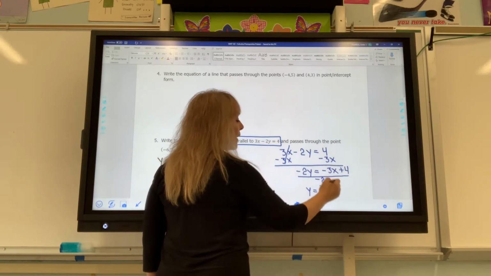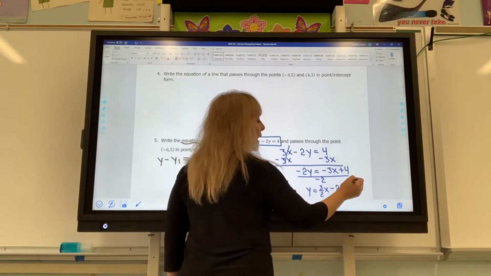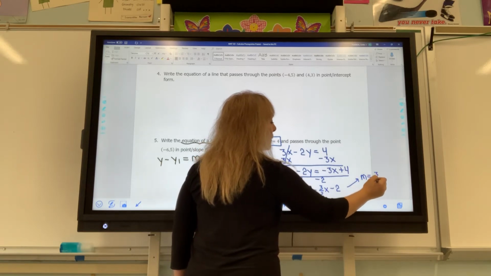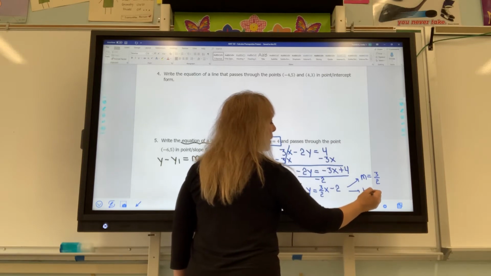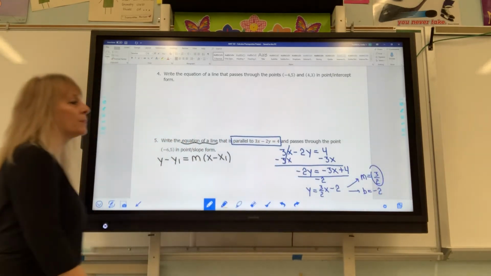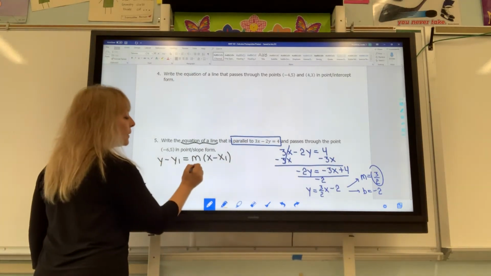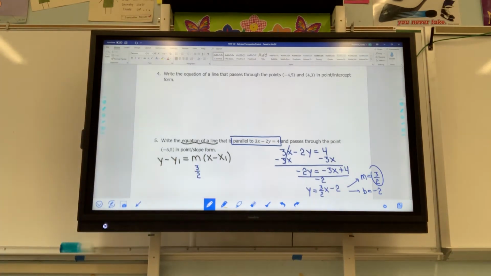And on the far right, it is -2. That blue equation has a slope of 3 over 2, and it also has a y-intercept of -2. But we just need the slope because parallel lines have the same slope. So you know that that 3 over 2 is what is going to be filled in for that.